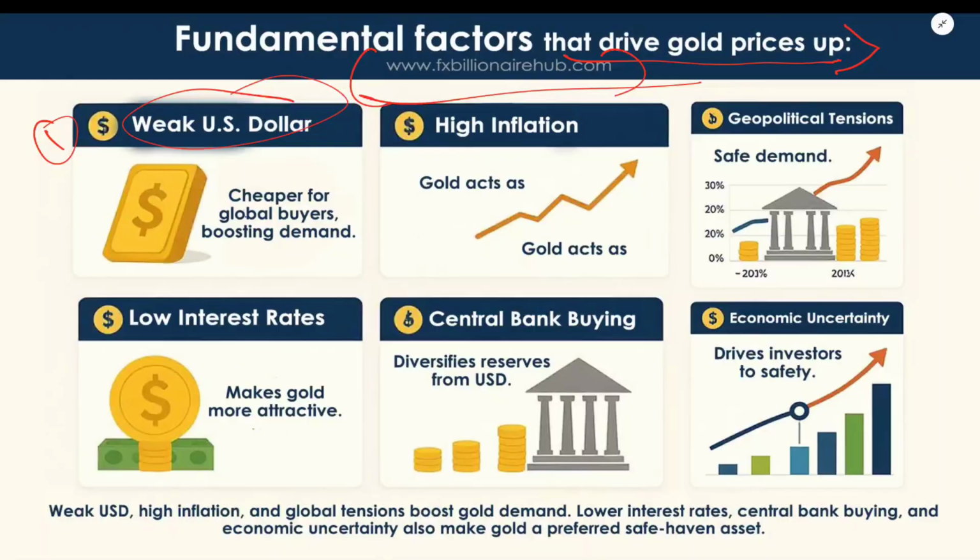You may know that gold is directly connected with the US dollar. So if the US dollar weakens, that means negative for the US dollar and positive for gold. There is more inflation in the United States, that's why gold is going higher and higher. And number 3 is geopolitical tension.